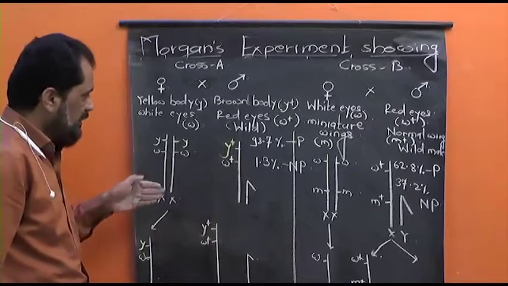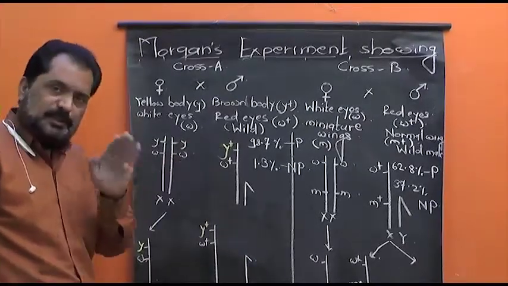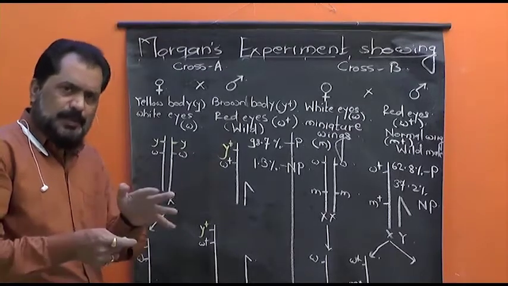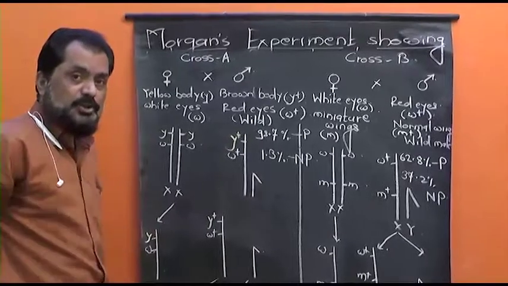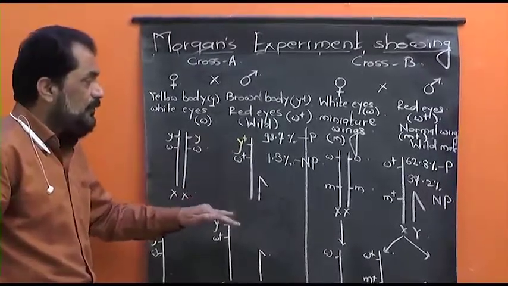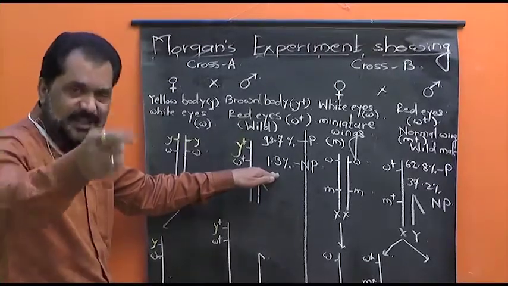In this example, Y plus and W plus are closely placed, strongly linked, and that's why in the F2 generation the chances of non-parental or recombinants are less.